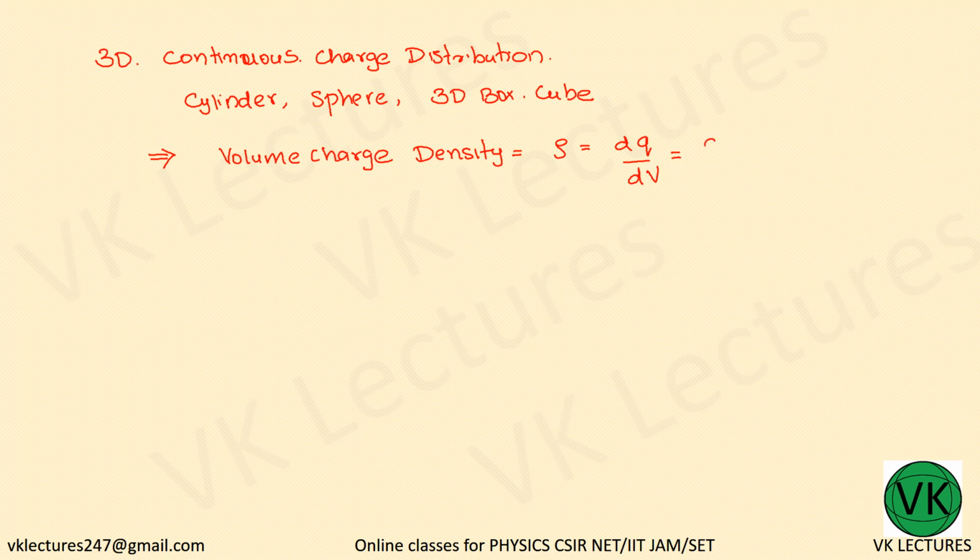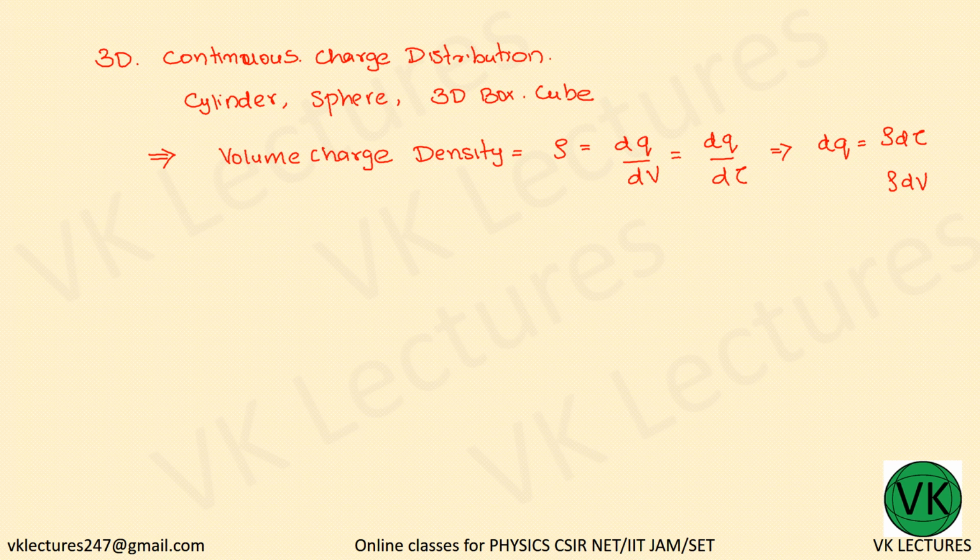Sometimes this is also written as dq by d tau, where dv or d tau is the small change in volume. This implies the charge dq is equal to rho d tau or rho dv.